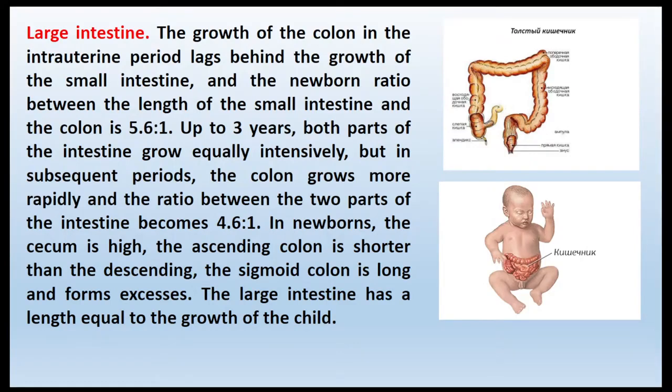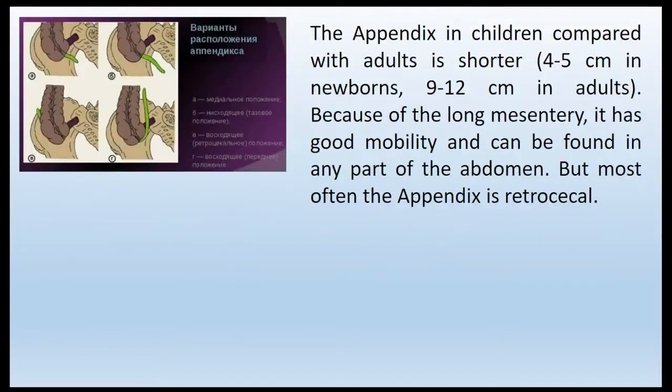In the newborn, the cecum is high, the ascending colon is shorter than the descending, and the sigmoid colon is long and forms excesses. The large intestine grows at a rate equal to the growth of the child. The appendix of children compared with adults is shorter, 4 to 5 centimeters in newborns and 9 to 12 centimeters in adults.